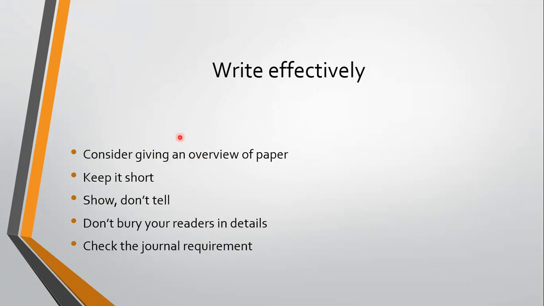Always consider giving an overview of the paper. Do not start writing elaborately that in this particular paper the result showed that 50% of people were this, 60% of people had this particular symptom, 10% had that. Keep it short. The study has shown salient features.